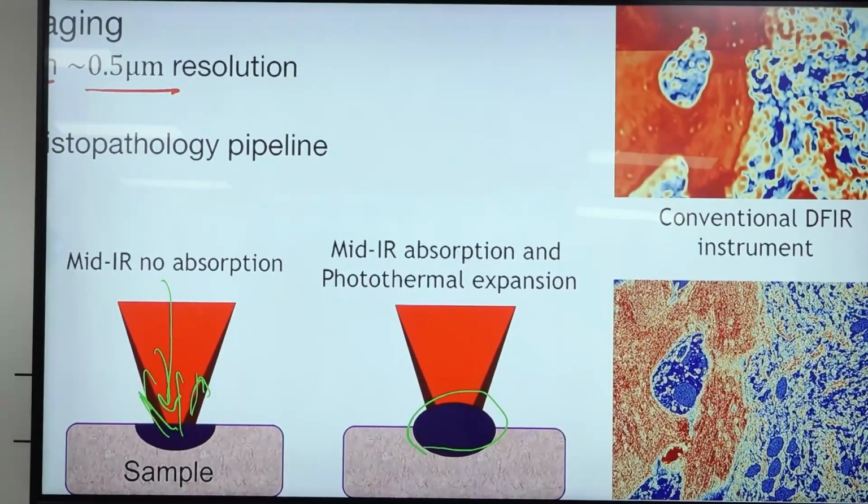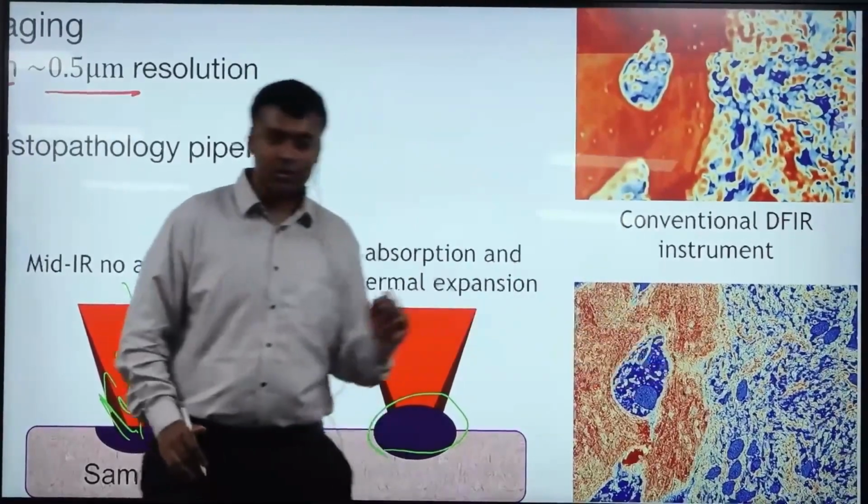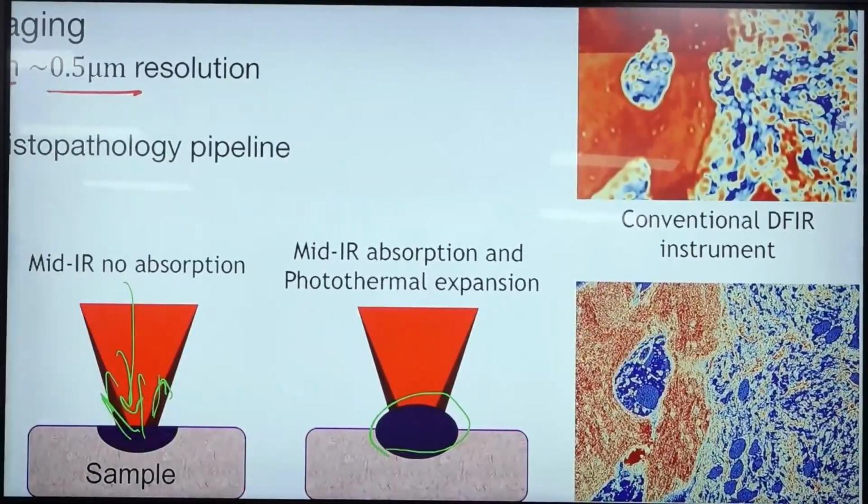This is the kind of high resolution image you can get from the photothermal effect, which is hard to get with diffraction limited QCL based imaging. It's the exact same sample, so it's easy to compare.